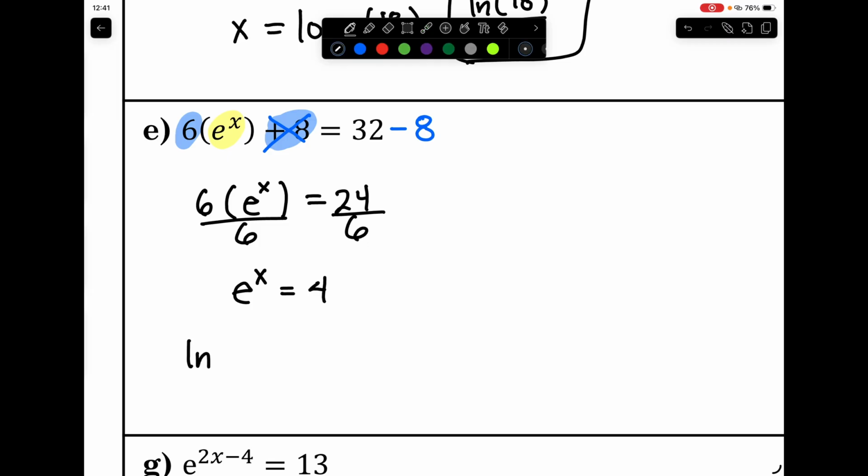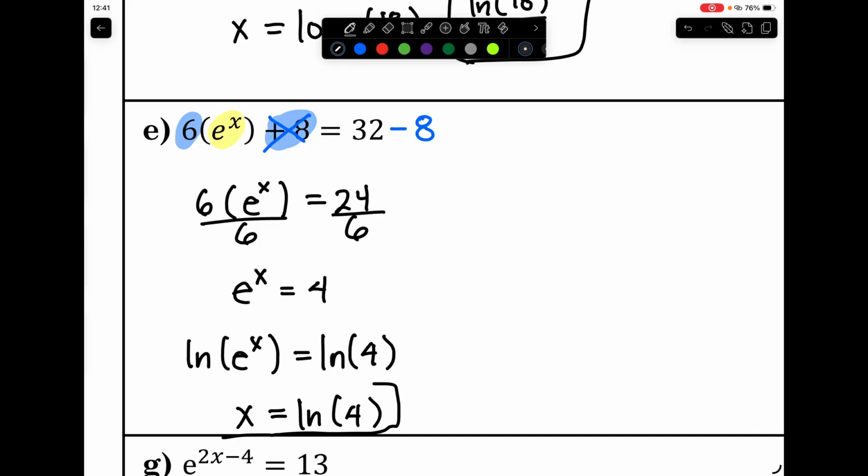So we're going to do the natural log of the left side and the right side. The left side is going to cancel out, leaving us only with x, and the right side is the natural log of 4. And on this one, we don't have to do any extra steps and don't have to apply the change of base property.